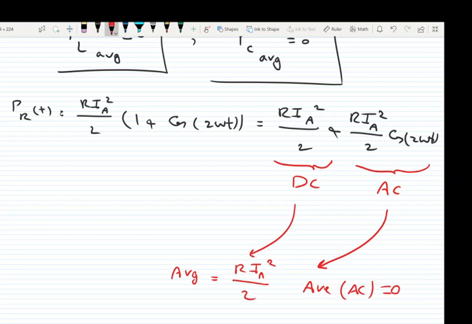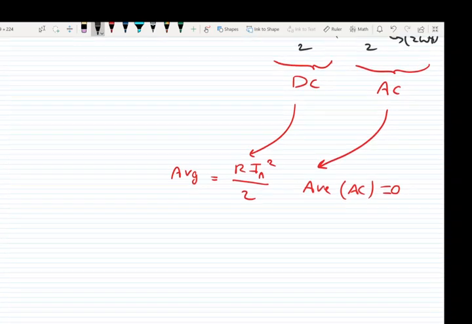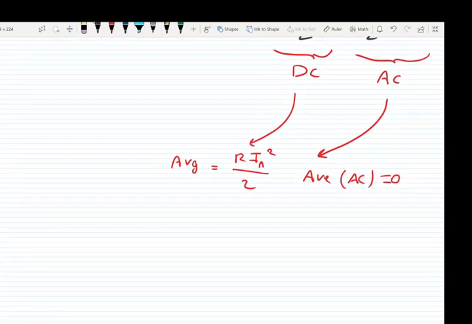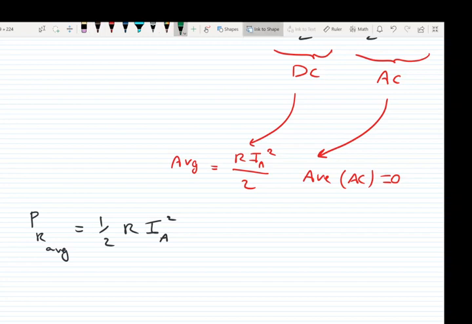So we can conclude that the average power of a resistor in a sinusoidal steady state circuit is 1/2 of R I_A squared.